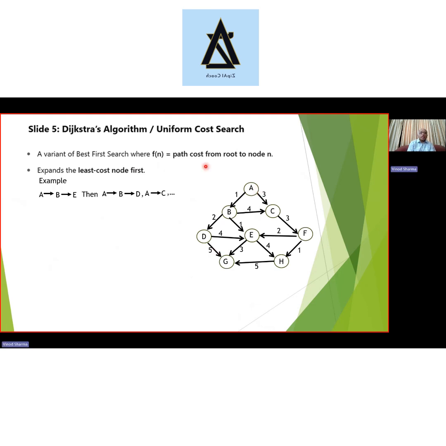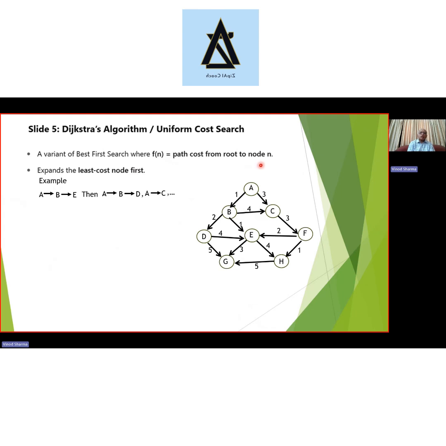Next algorithm is Dijkstra's algorithm or uniform cost search algorithm. This is a popular algorithm available in graph theory. And this algorithm is obtained if f(n) for each node, the function at node n, should have a value equal to the path cost from the root to node n.